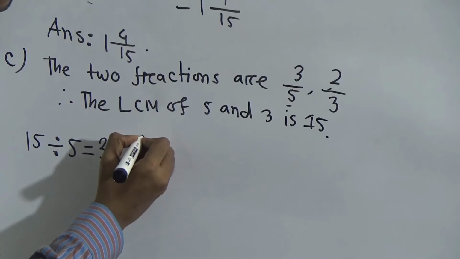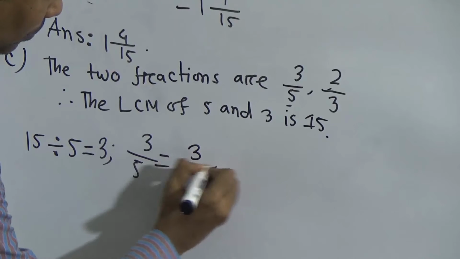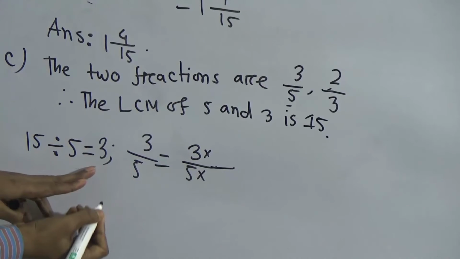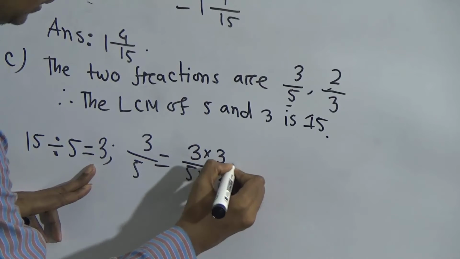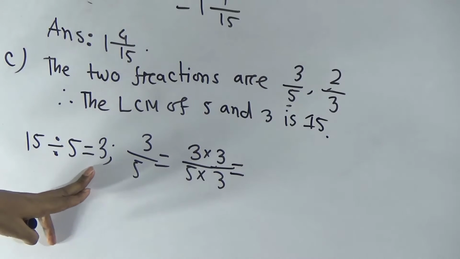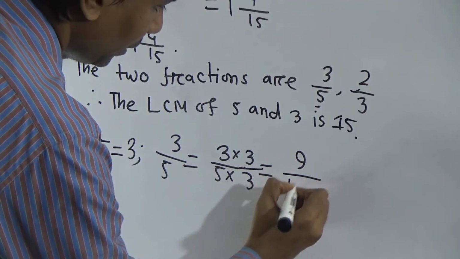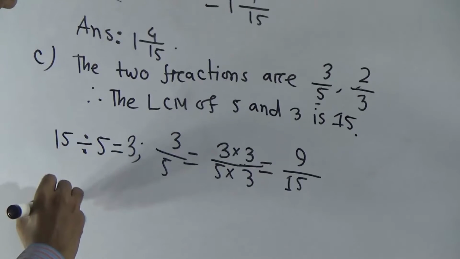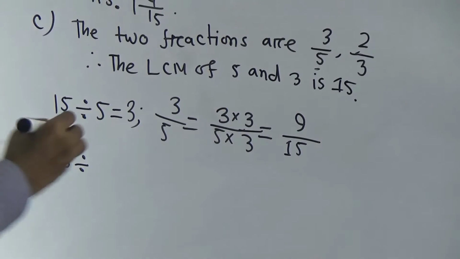Now look, 3 by 5: you have got the quotient 3, so you multiply both numerator and denominator by 3. Now 3 3s are 9, 3 5s are 15. Now the second step, write 15 division 3.